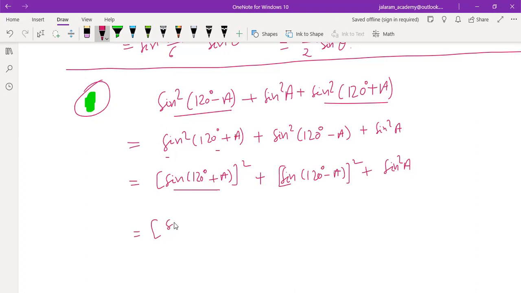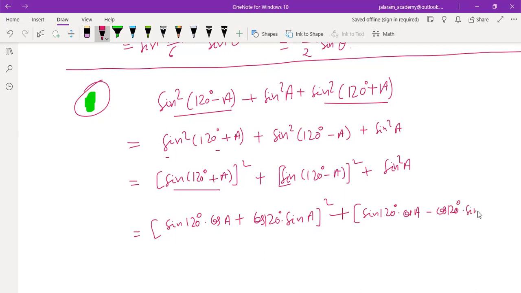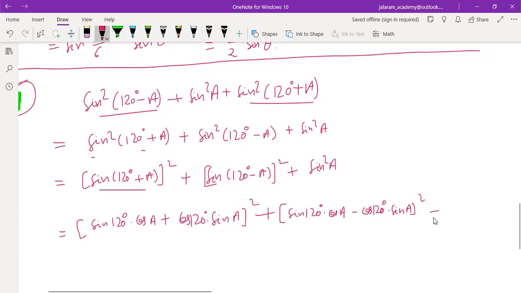Sine A plus B is sine A cos B plus cos A sine B whole square, plus sine 120 degree minus A, use sine A minus B. So sine A cos B minus cos A sine B whole square, and finally plus sine square A equals to, now what is the value of sine 120 degree?